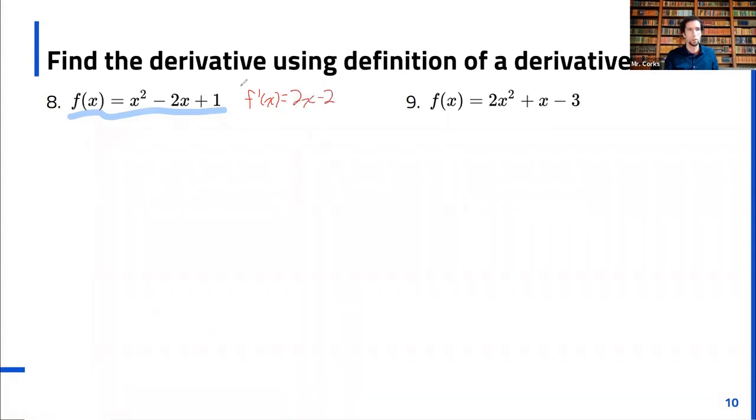All right. So let's write this whole thing out again. f prime of x is equal to the limit as h approaches 0, and the bottom's going to be h. And on the top, what are we going to get?